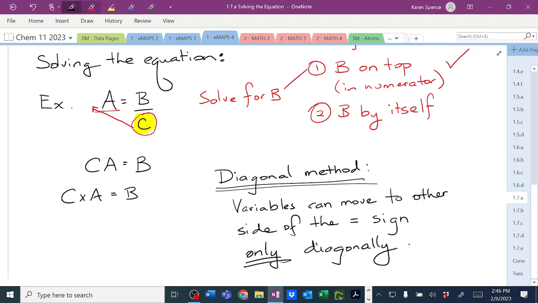The third thing you'll need to do, and this is because in chemistry, normally we're not just solving for a variable. Normally we'll solve and then plug in some numbers with units and then solve the entire thing. We also want B to be on the left.